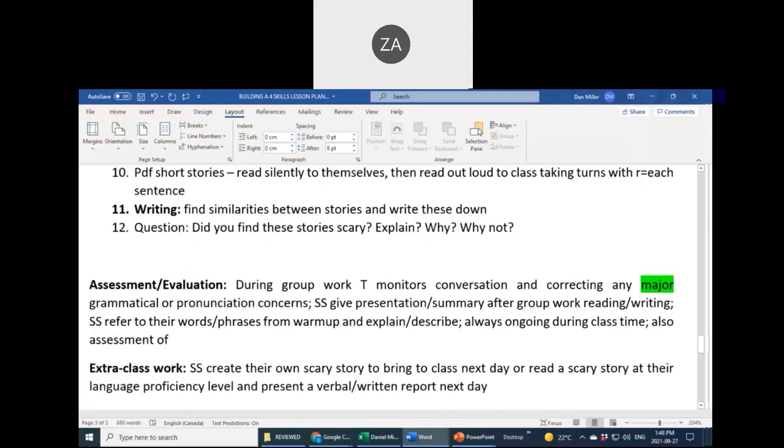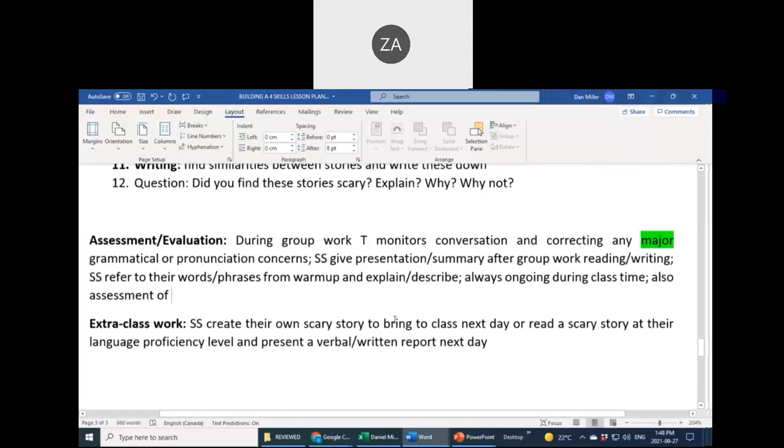So you're assessing during class time. What else are you assessing? The vocabulary, the grammar, and the whole concept of being hunted. Yes, that's exactly what you're assessing on an ongoing basis during the class time.